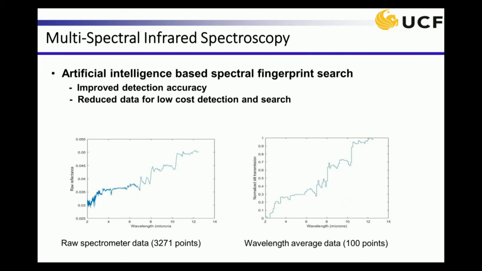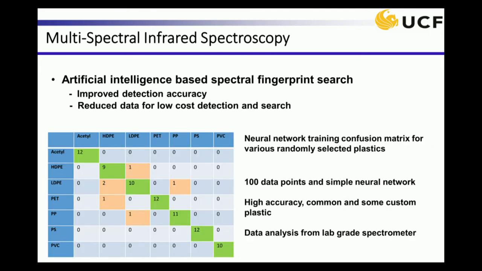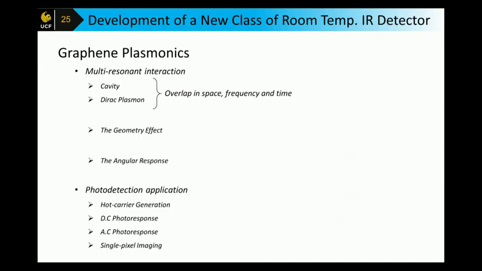That is a very downsampled, low resolution spectrum, 100 samples compared to 3,000 samples, and we use a neural network to artificially improve the matching. We showed quite good accuracy, over 95%. We can predict all plastics. These are major plastic categories, and you can see that each time there are a few false detections, but the majority of the time we have very good detection accuracy through just 100 data points.